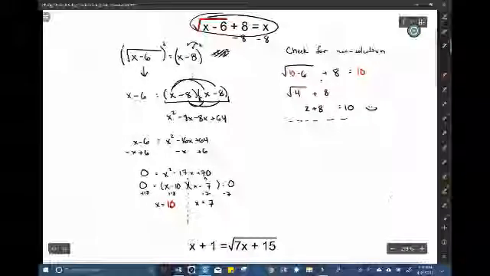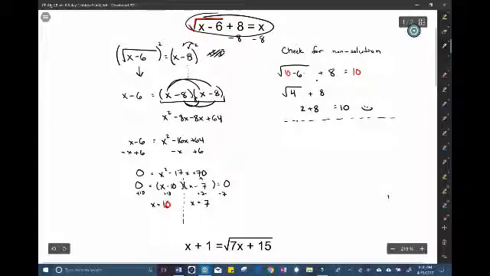Now, if we try the other one, let's see what happens. The square root of 7 minus 6 plus 8, is that equal to 7? So we're trying out the 7 this time. 7 minus 6 is the square root of 1 plus 8 is equal to 7. Well, the square root of 1 is just 1, plus 8 is equal to 7.